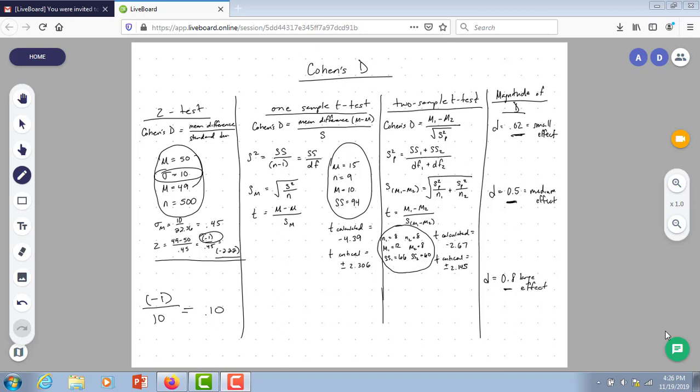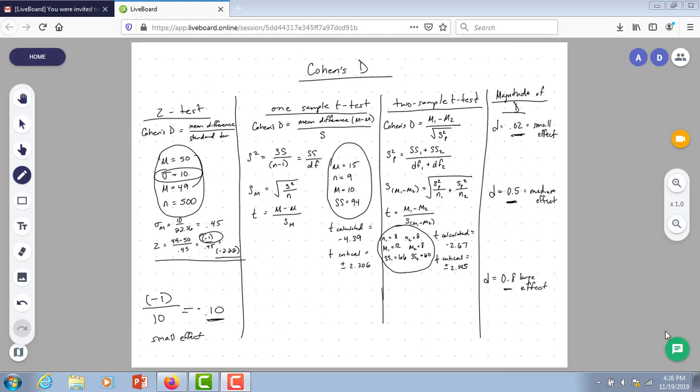And that 0.10 is of course negative, but the sign doesn't really matter. What you'll be focusing on is the absolute value, or just the number, and when you go to describe that treatment effect, you will say that it is a small effect because that 0.10 is close to 0.2.